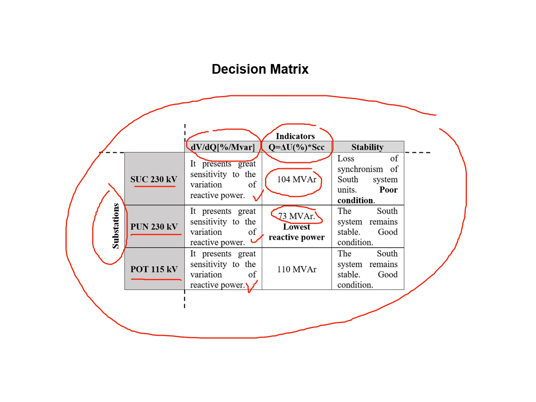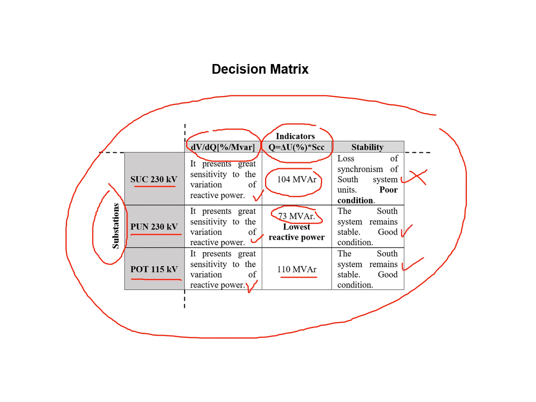And in Potosí 150 kilovolts, 110 MVA of STATCOM capacity. With the STATCOM of this capacity installed in these substations, the stability analysis results in this way. We have poor conditions in Sucre and good conditions in Potosí and Punutuma.